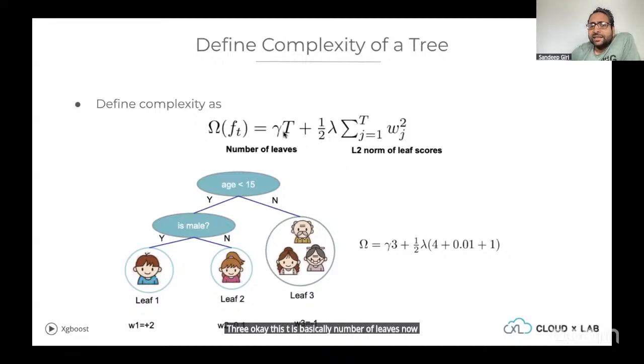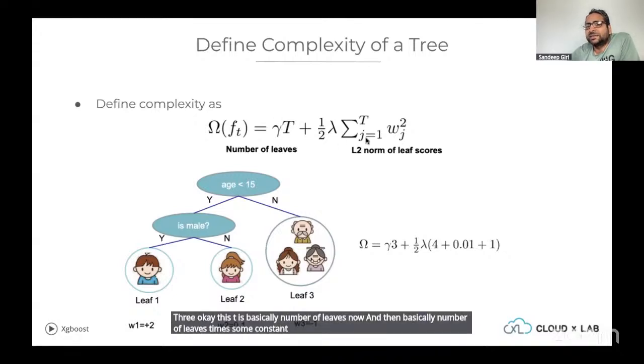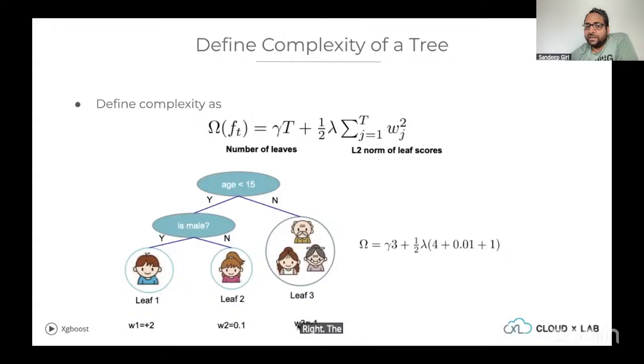And then basically the number of leaves times some constant, plus the weight squared of these values, 2 squared plus 0.1 squared plus minus 1 squared. So here what you see is that given a tree, we can calculate its complexity like this: the square of all the values of the leaves, plus how many leaves it has.